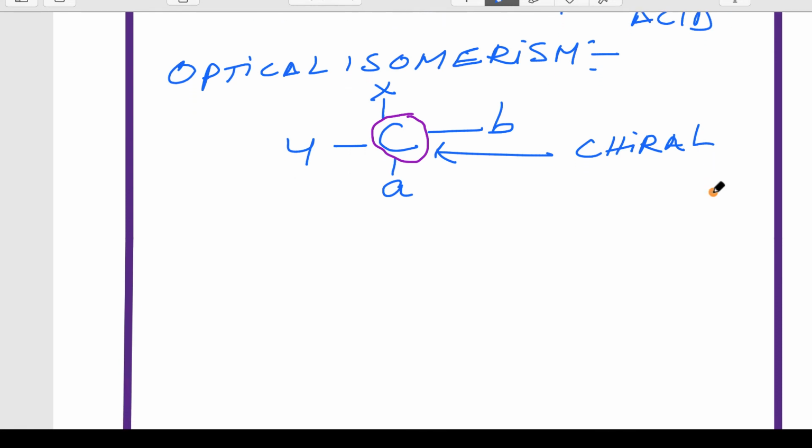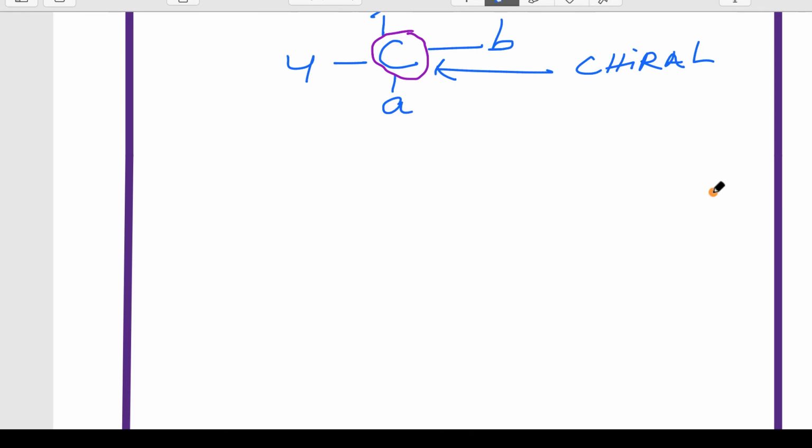Then when you talk about all four different groups, what is symmetrical and what is asymmetrical? See, here there is a circle, and when you draw a line, there is symmetry present. In the other case, let us see how an asymmetrical one looks.